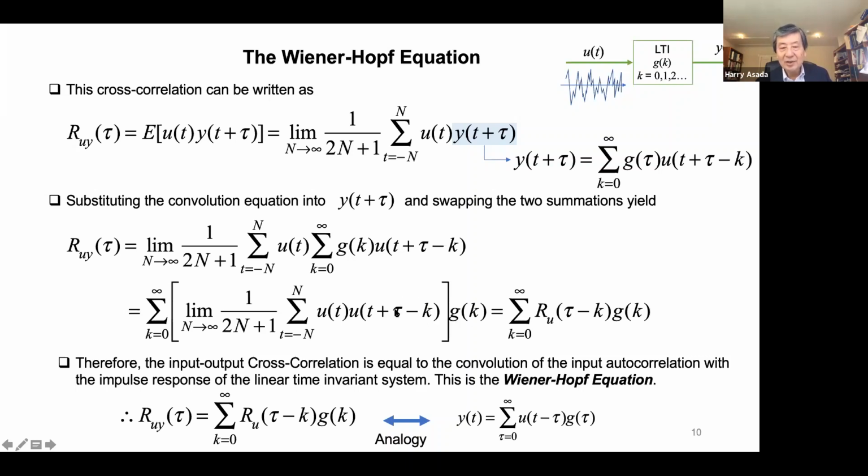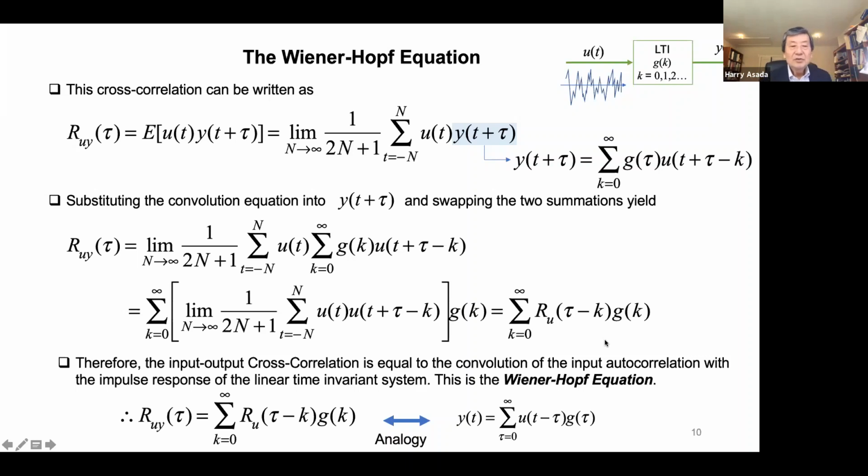Carefully look at this: tau minus k is the index, the time difference between the two slices. So we have RU of tau minus k, multiplied by GK, and then take the summation from k equals 0 to infinity.